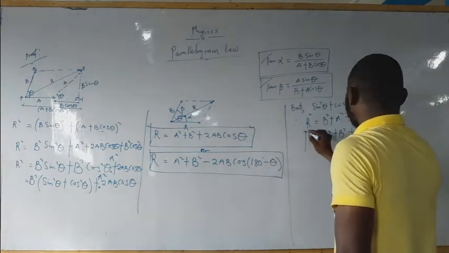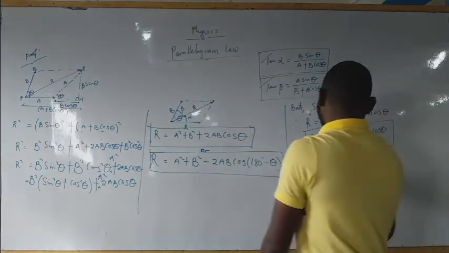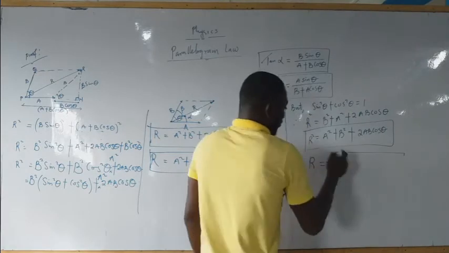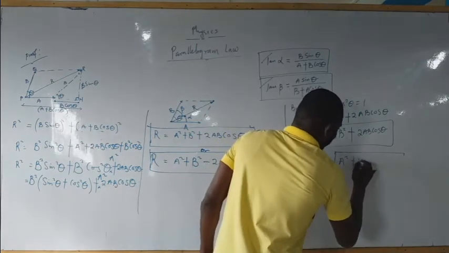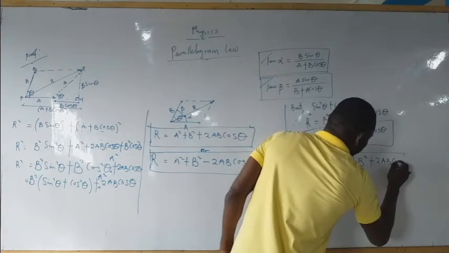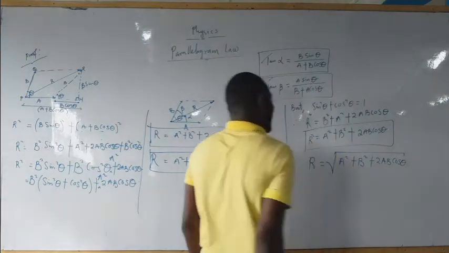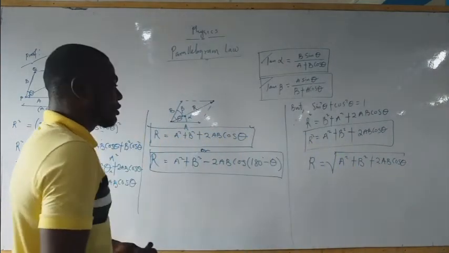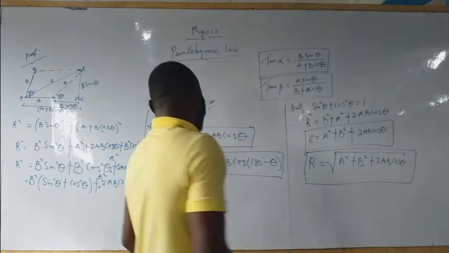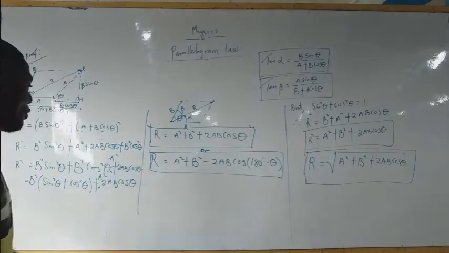That gives R squared, that's the resultant. So from here we have the resultant equal to the square root of A squared plus B squared plus 2AB cos theta. Take note. So this is the formula for finding the resultant. This is a proof.